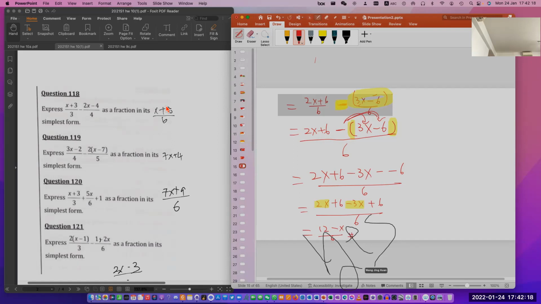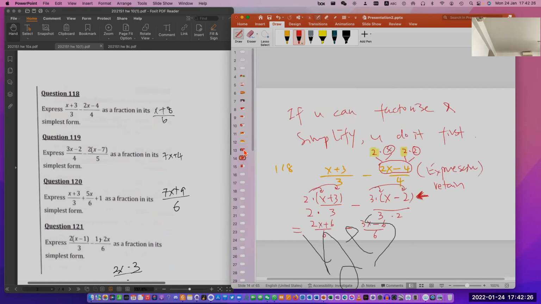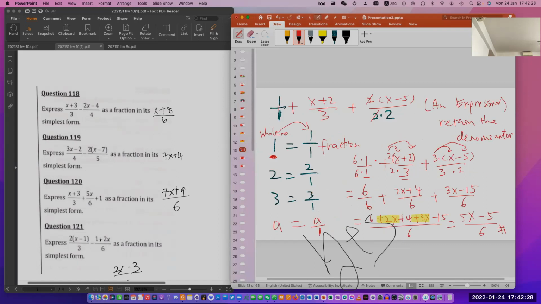Okay. So what do you learn from this example? This example and the previous example is that if you see opportunity to simplify, you simplify first. So once you simplify, you can get the common denominator. Okay, then you continue as per normal.